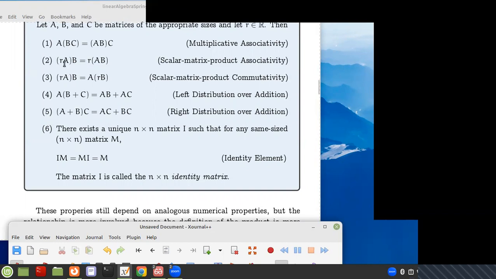If A has been rescaled by R, I can just multiply A and B and then multiply the whole product by R. The same thing works here: I can move this R from outside to A or to B. A number just moves through the product.